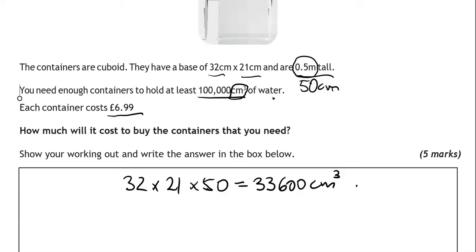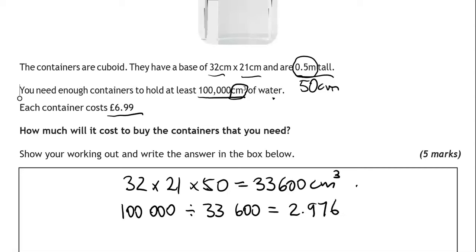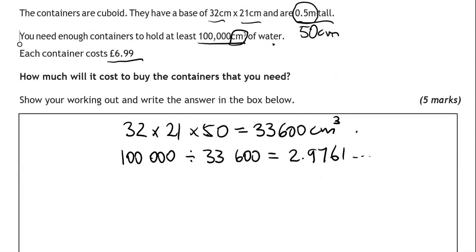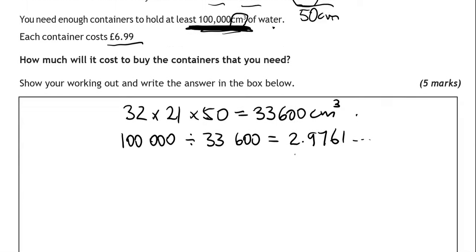And that is not 100,000, so we need to know how many of them we'll need to make 100,000. So we'll go 100,000 divided by 33,600. It gives us 2.9761 and so on. Now you can't buy part of a container, so you're going to go up to 3, because the 2 of them wouldn't hold 100,000, so it has to be 3 containers.